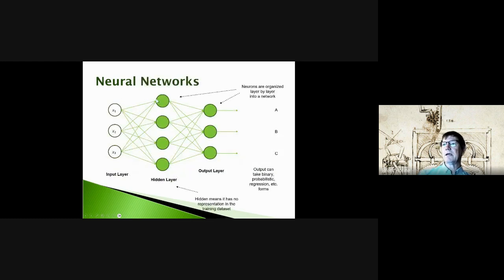So now we take all these neurons and we organize them into layers, right? So here, this is a canonical or classic layout of a neural network. This type of technology goes back to at least the 80s, and I think maybe you can trace it back even a few decades earlier than that. I'm not going to be a historian here.